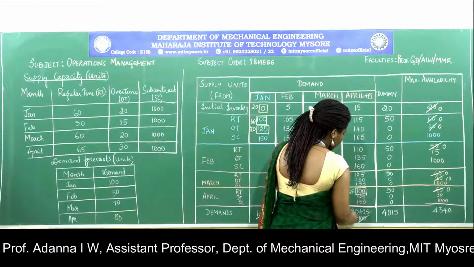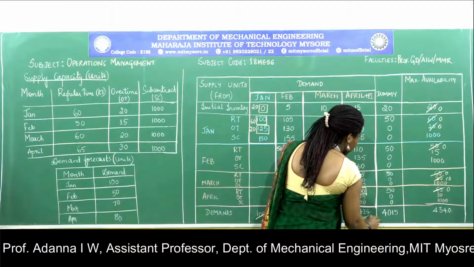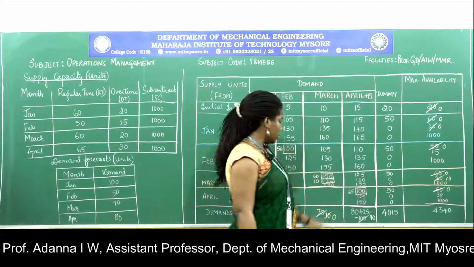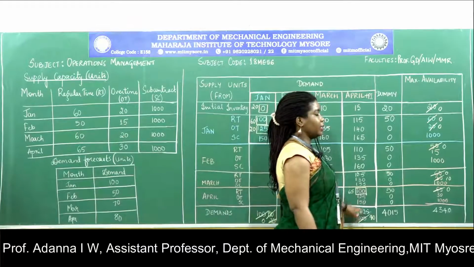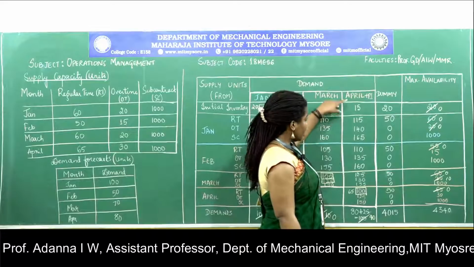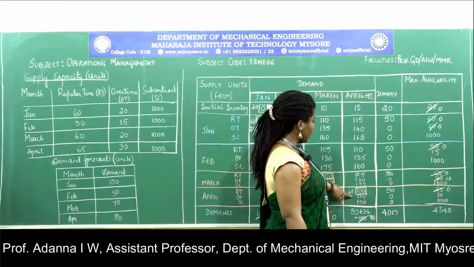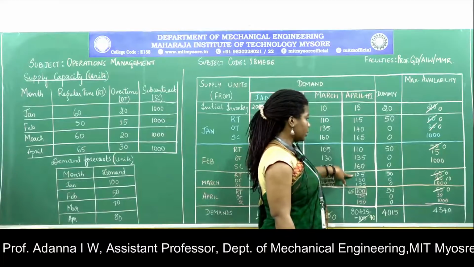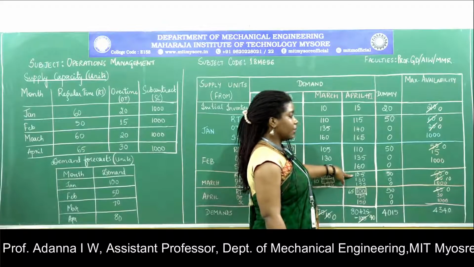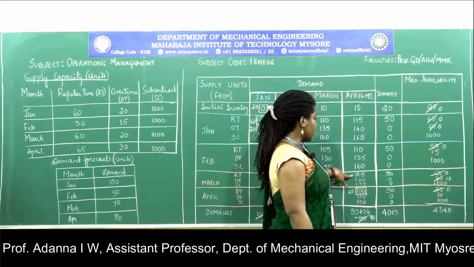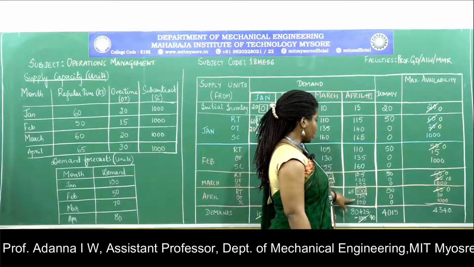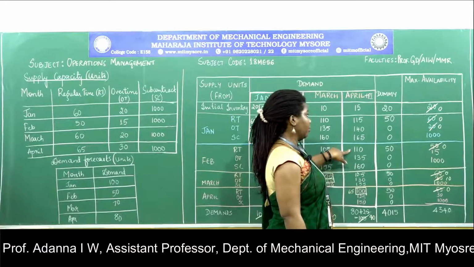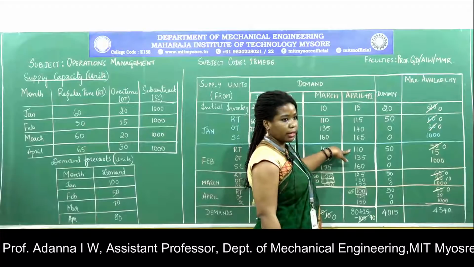So 105 minus 65, this becomes 40 units remaining to be fulfilled over here. And then we go on to find the next least element. Here you have, after 100, you have 105 units over here. That is again the next least element, but we don't have any supply for this. The next least after this is 110. But here again, we don't have any supply.